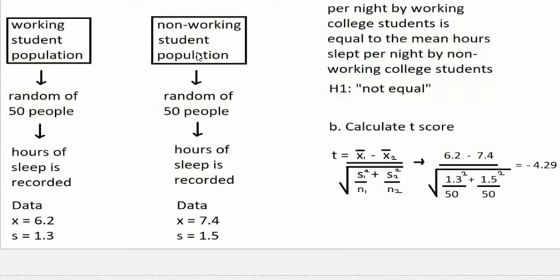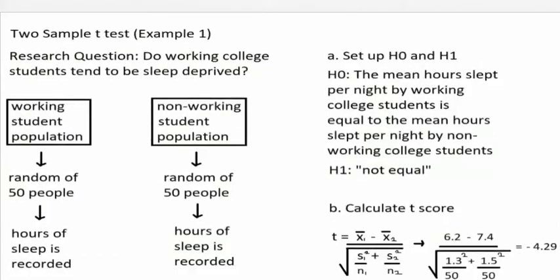The other possibility is that the two populations are different on average, and the two population means are not equal. And one or the other has to be true. Either the population means are equal, or the population means are not equal. And those two possibilities are actually our null hypothesis and our alternative hypothesis.